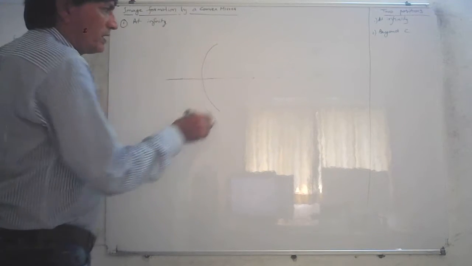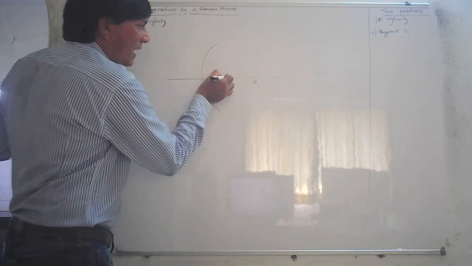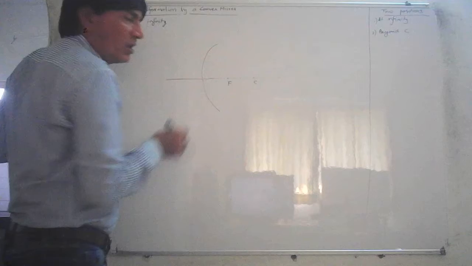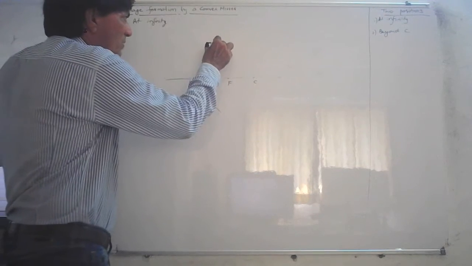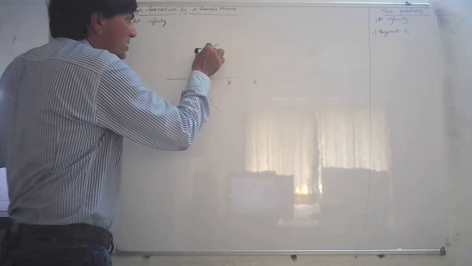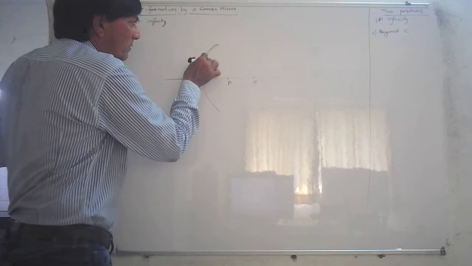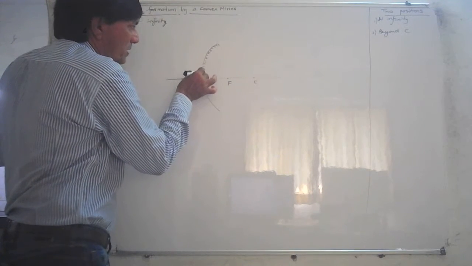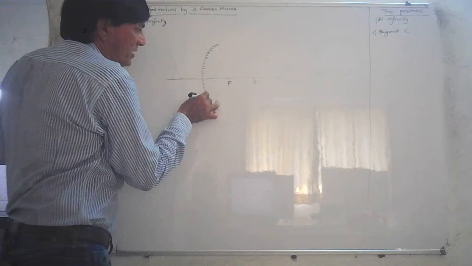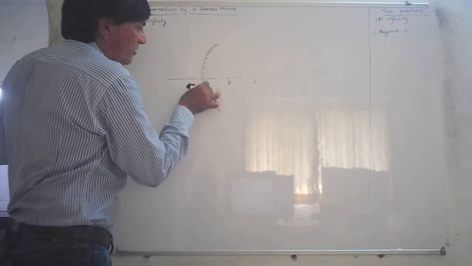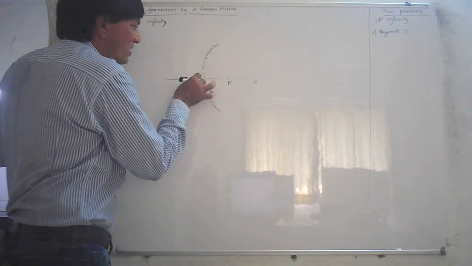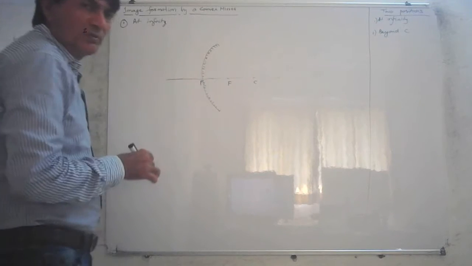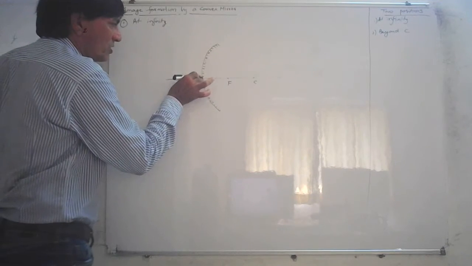So you get here the center of curvature, half the distance is the focal length. Now remember, this part is painted black, and it is not the reflecting surface. This is the pole or the vertex of the mirror.